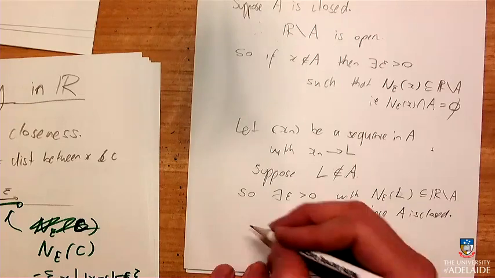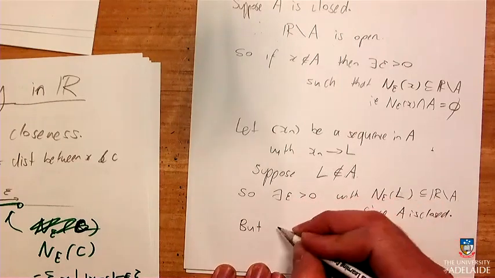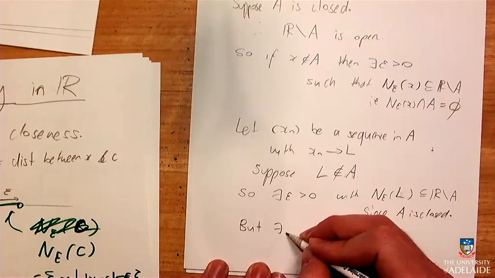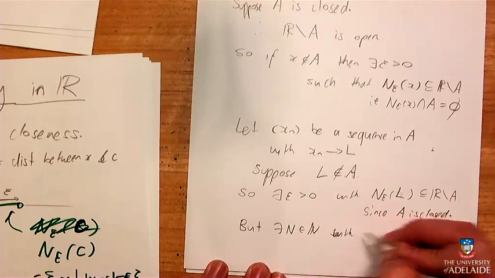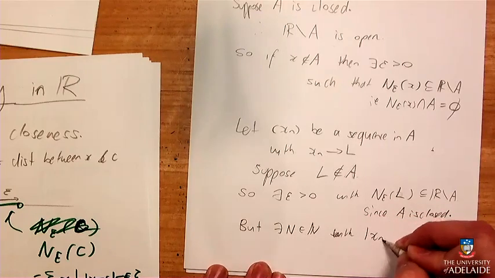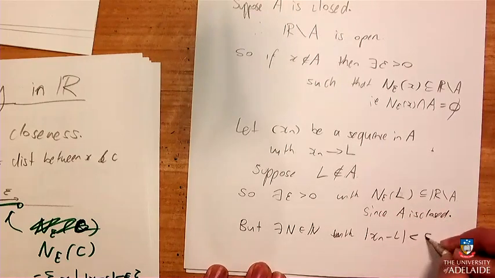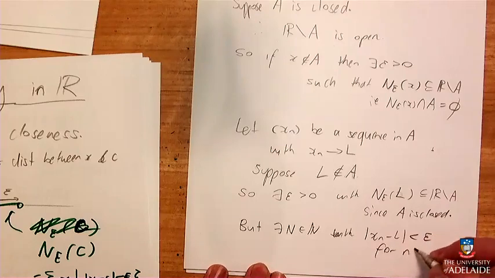Right. But we also know that there exists an n in N with the distance between xn and L being less than epsilon for n greater than or equal to that n.